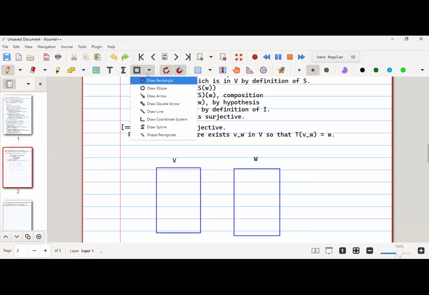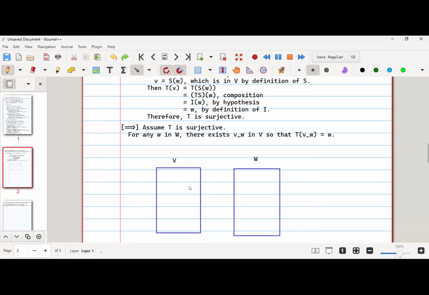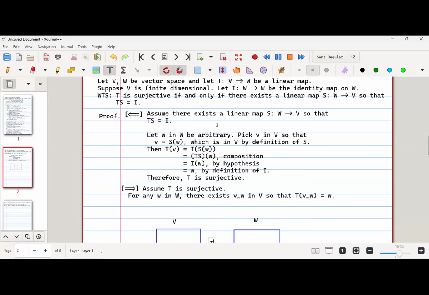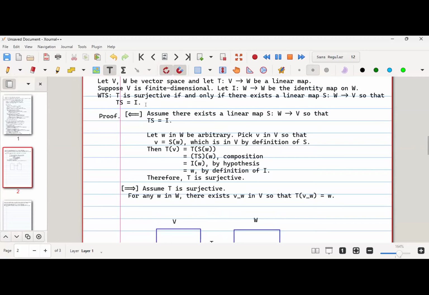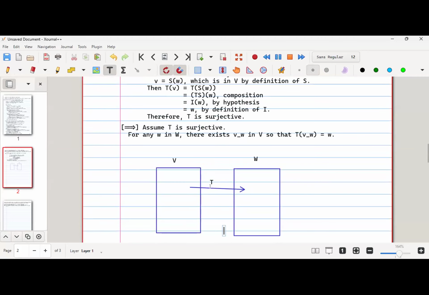Oh, I can't even draw. I believe we said T. So T mapped it here. What we want is to create an S so that the composition TS is the identity map, right?